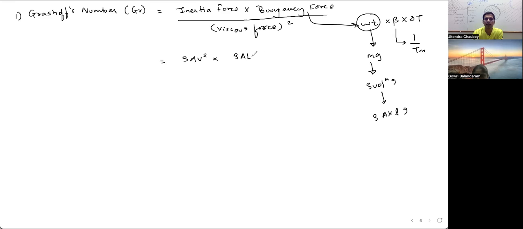So it will be rho A L g into beta into delta T. This is the buoyancy force. Viscous force was mu A V by L, whole square. Let us try to simplify this formula.